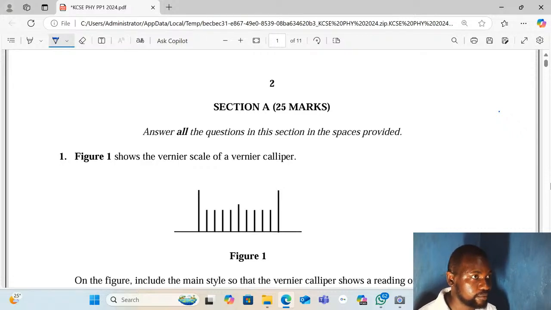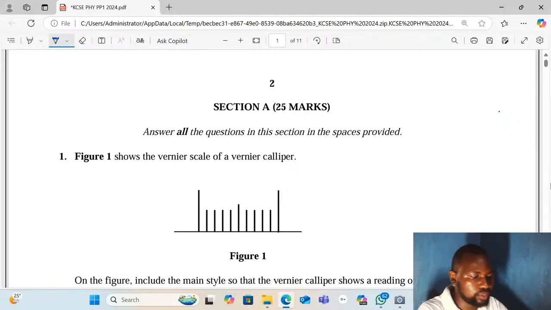This is section A, which comprises a maximum of 25 marks. Question 1 is always from measurement 2. You are told that the figure below shows a vernier scale of a vernier caliper.